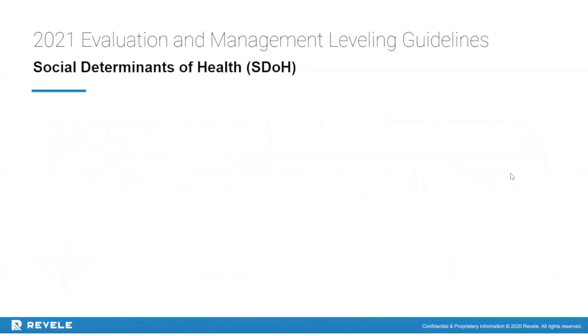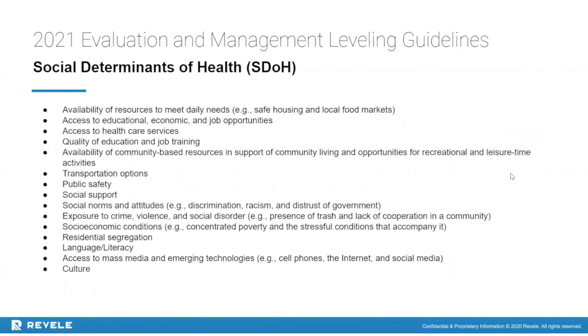Social determinants of health: conditions in the environments in which people are born, live, learn, work, play, worship, and age that affect a wide range of health, functioning, and quality of life outcomes and risk.